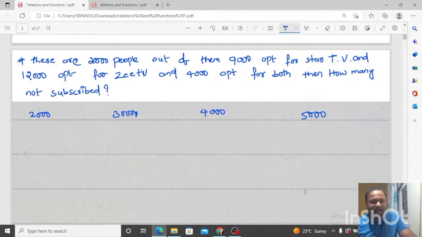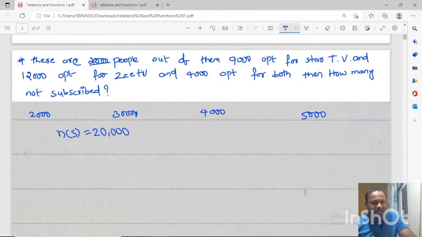Okay, let us start. There are 20,000 people are there. Total number of persons is equal to 20,000.